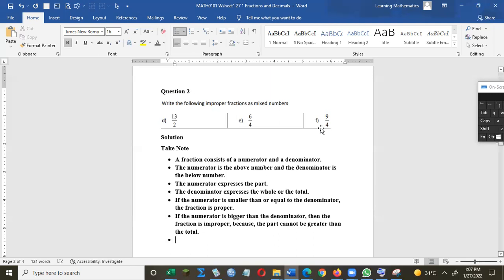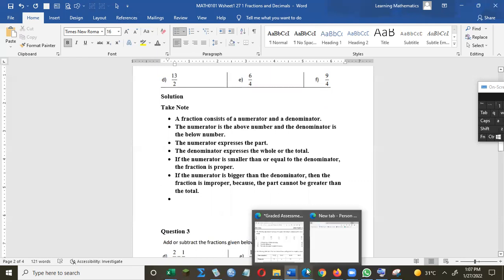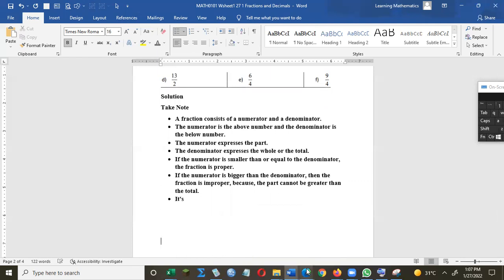And another point that we have to take note of: it's only improper fractions that can be converted to mixed numbers.